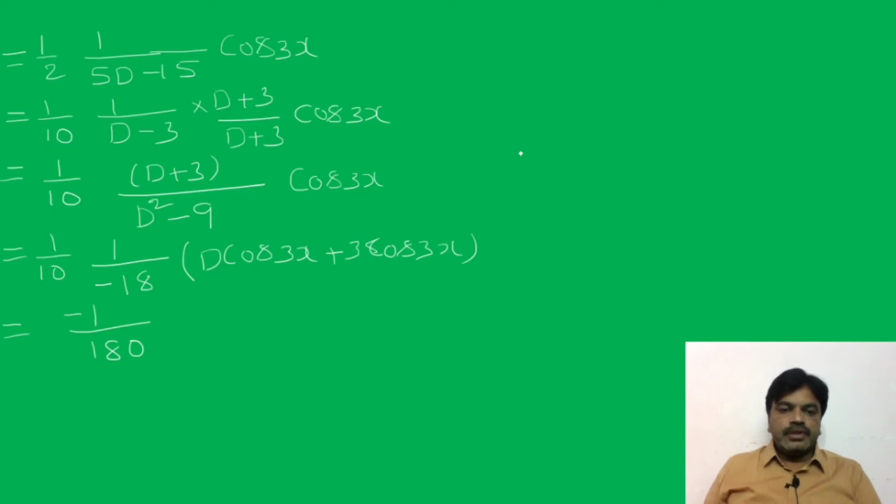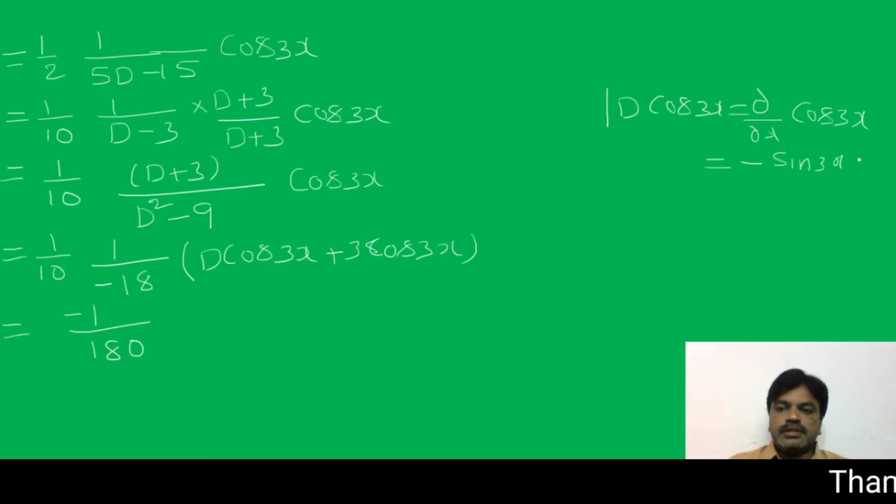Now, d of cos 3x means dou by dou x of cos 3x. So that is equal to the derivative of cos 3x, we get minus sin 3x into 3.